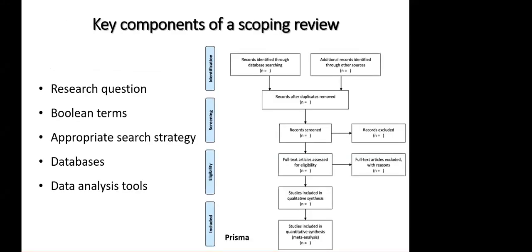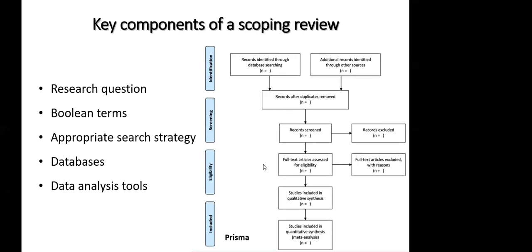So the key components of a scoping review basically include the research question, the Boolean terms, I will go through this with you in detail, the appropriate search strategy, the databases that we use, and the data analysis tools.